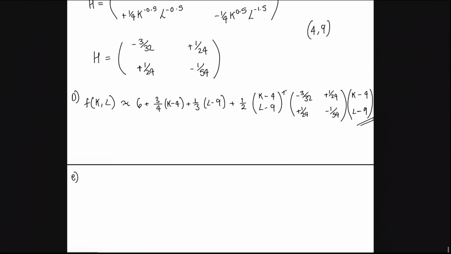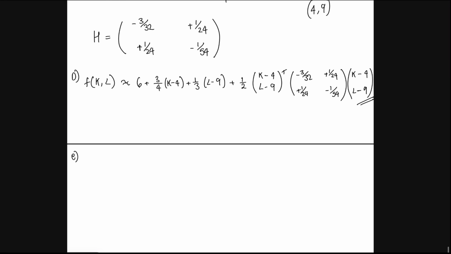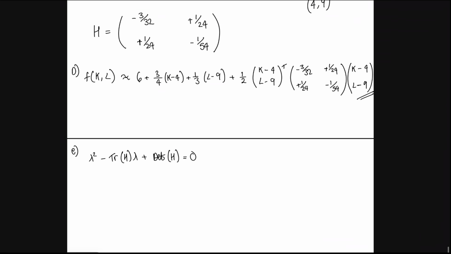Cool. Moving on to part E, which is telling us to find the eigenvalues of the Hessian. For that, we will have to do the trace of the matrix, plus the determinant of the matrix, which is H. Using this, it will give us the quadratic characteristic equation.